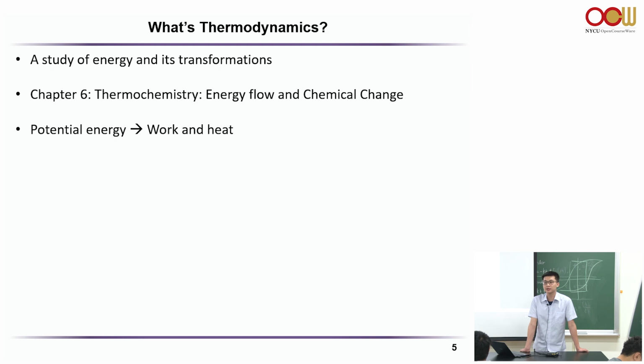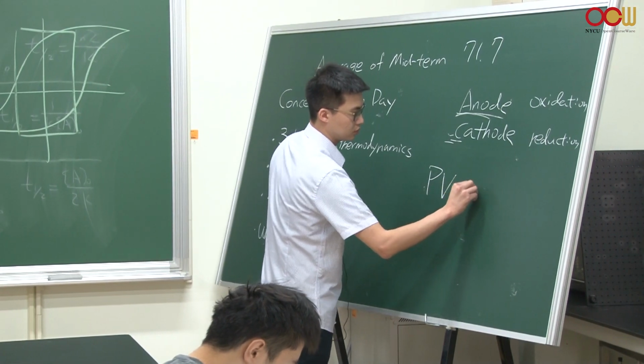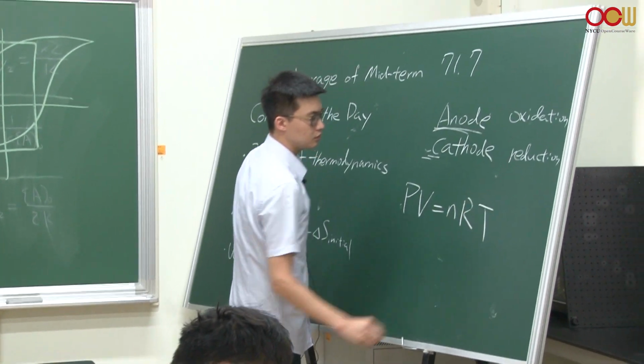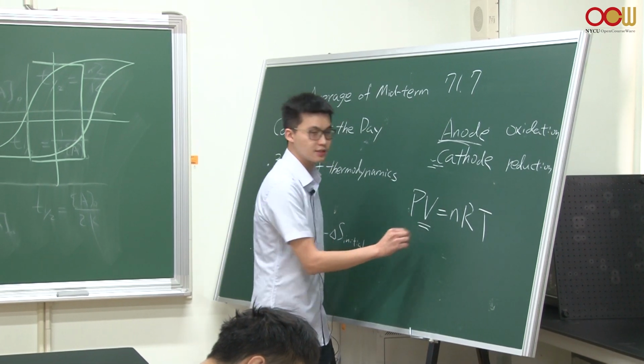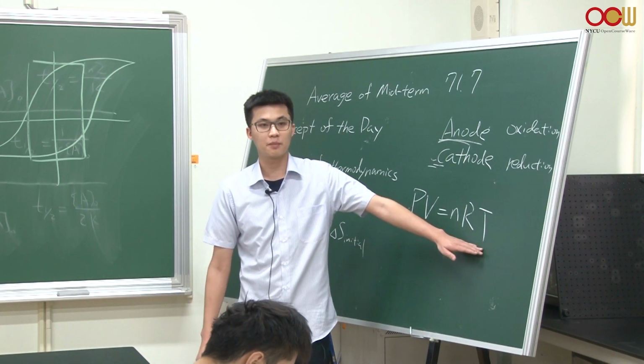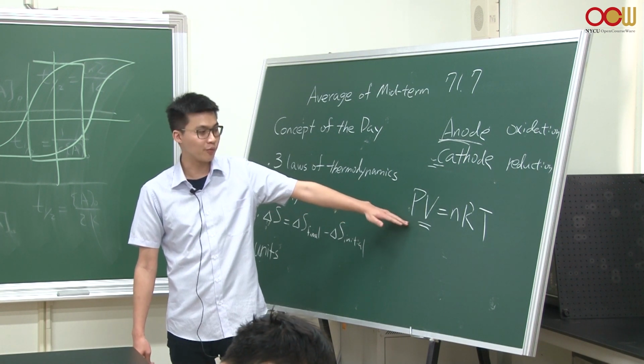Think about gas expansion. We know PV equals nRT, right? If the volume is fixed and I increase the temperature, someone figured out this equation, but we basically memorize it.